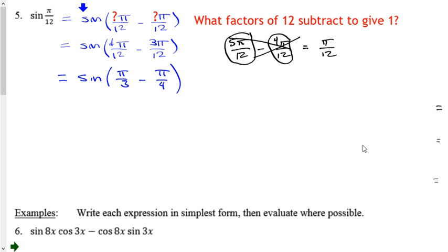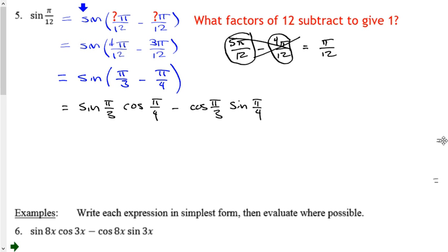So then we need to remember what is the identity. It was on the previous page, also on your formula sheet. It will look like this, where we take the sine of our first angle times the cosine of the second, and then we'll subtract cosine of the first angle times sine of the second angle.